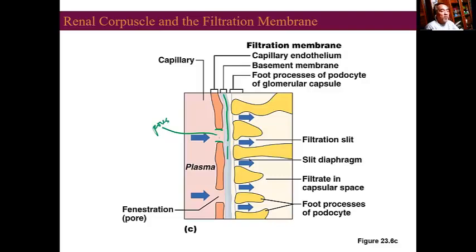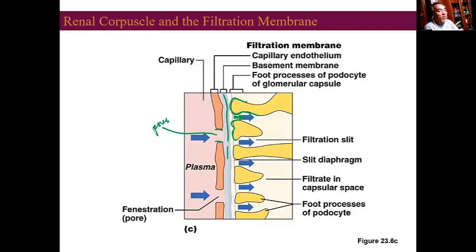The pores are quite big, but once it goes into the tubules, it has these cells called podocytes, and those cells make the opening smaller. See, the opening becomes smaller. That means only some molecules or chemicals can pass through those small slits.